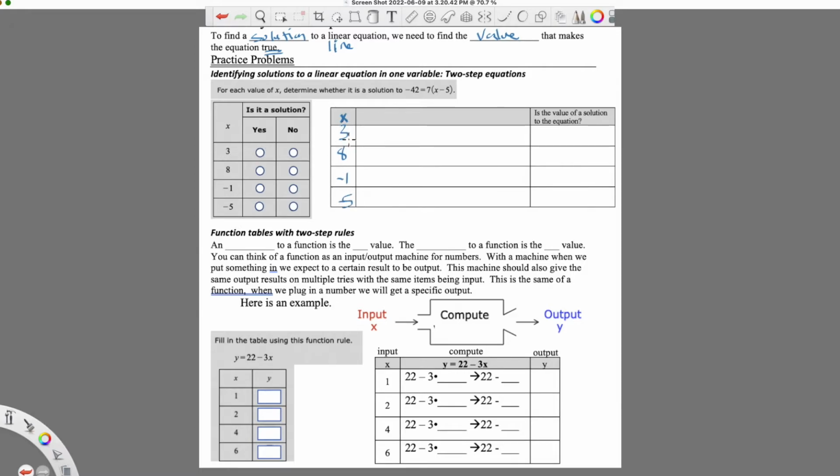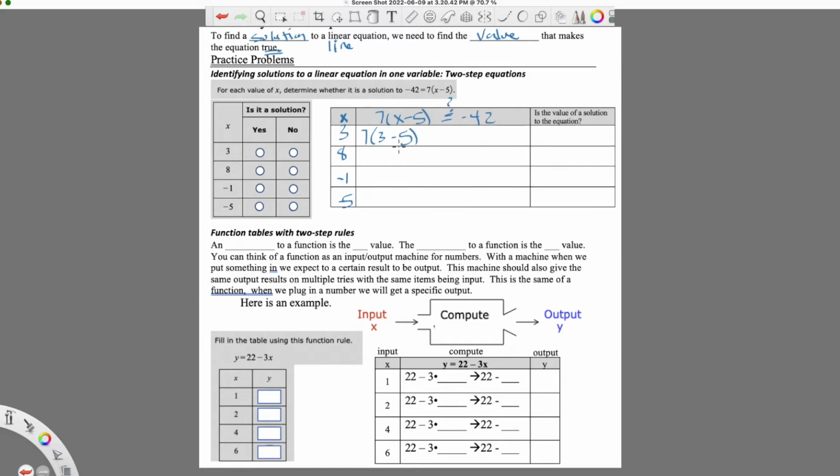So I'm going to go over here and say 7 times, instead of x, because it's 7 times x minus 5, and we're checking, does it equal negative 42? So basically we're asking a question here. Instead of x, I'm going to put in 3, because that's what we're being asked to put in for this first one.